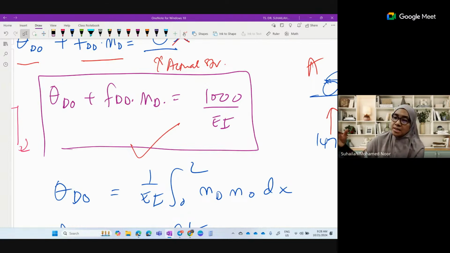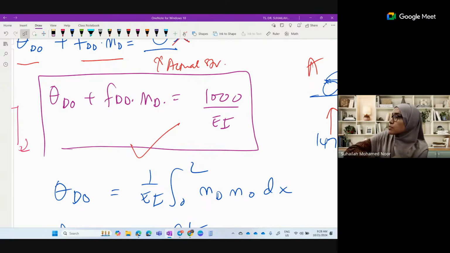Okay, so what is inside the compatibility equation? Ada theta d naught and f dd. So what is theta d naught and f dd? Apa dia tu? Compatibility equation tu apa? Displacement.